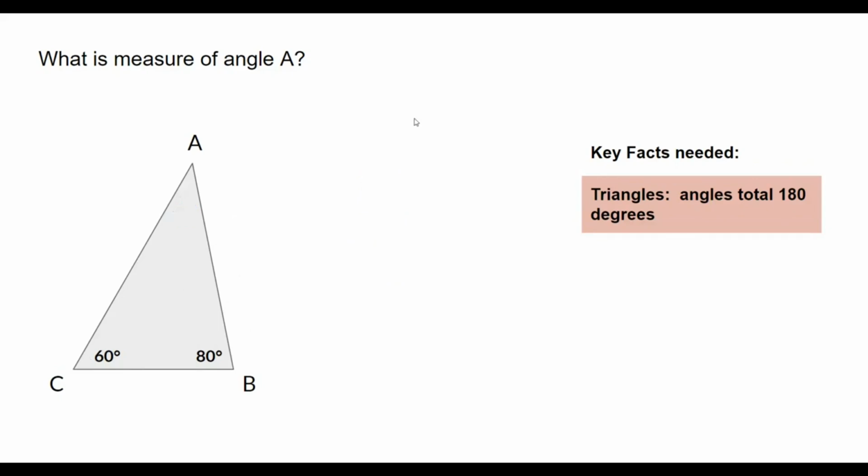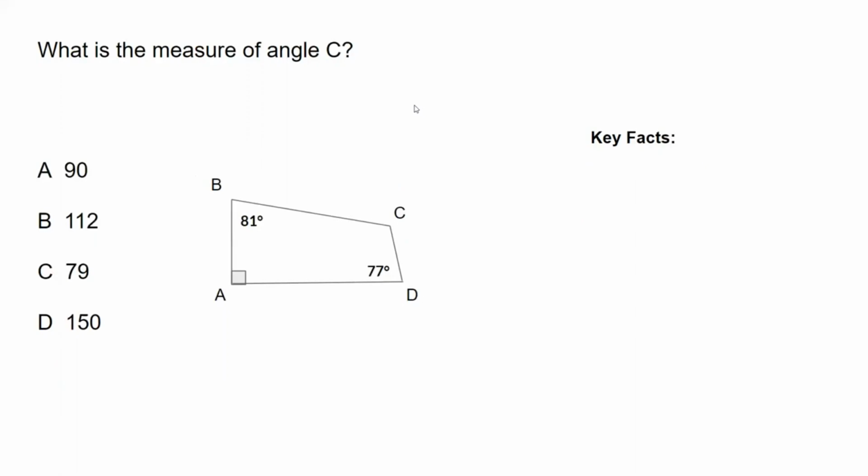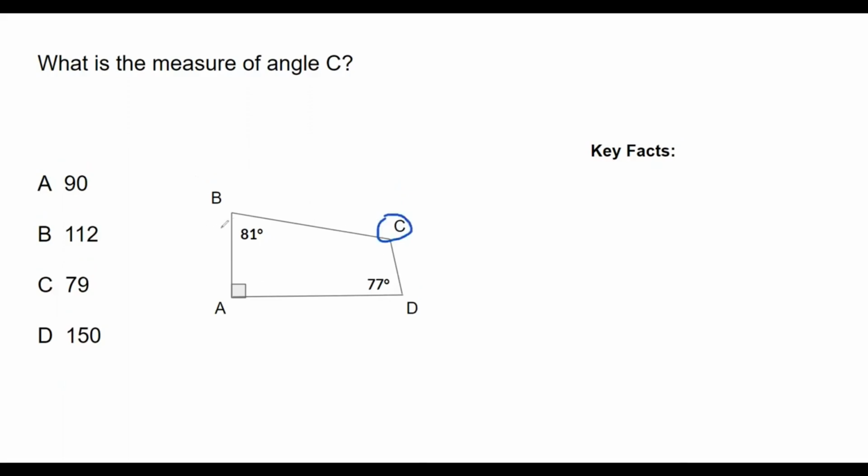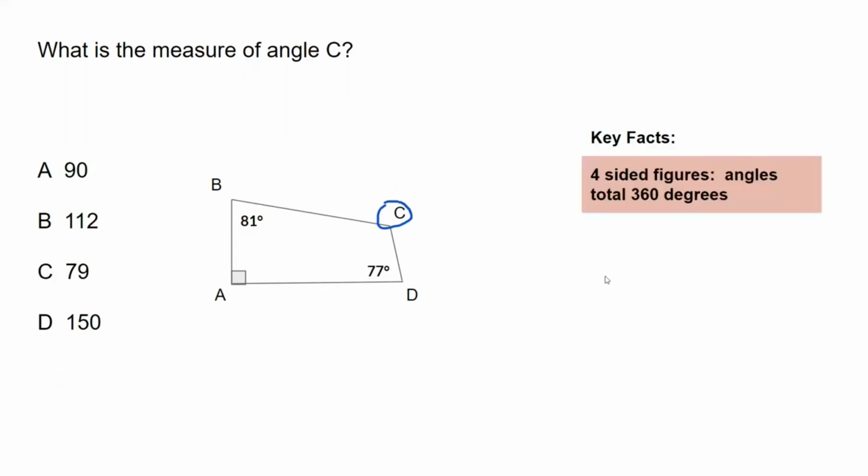Let's move on to a similar kind of problem with a four-sided figure. What is the measure of angle C? When they refer to angle C, we're talking about this corner, and we can see that we know angle B is 81. We know angle D is 77. What about angle A? Another fact that we need to take into account here.